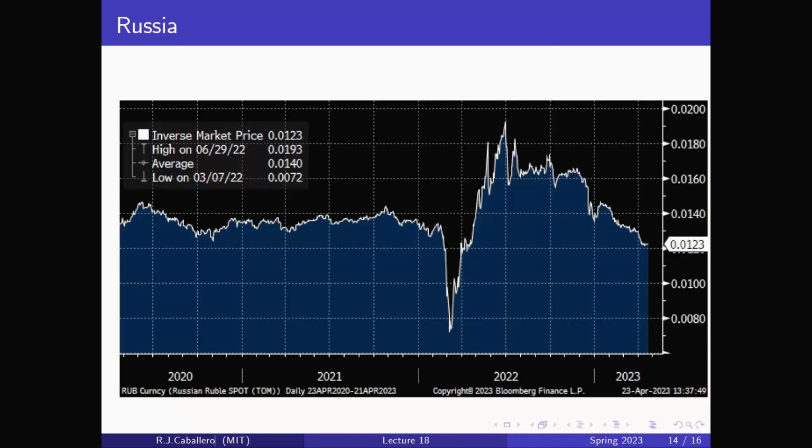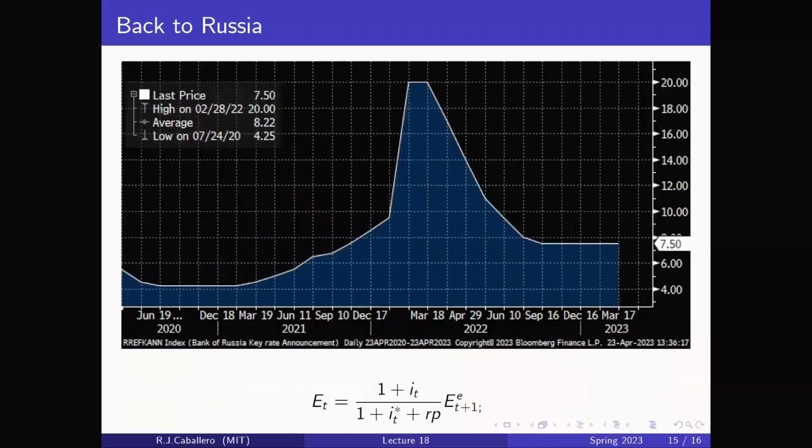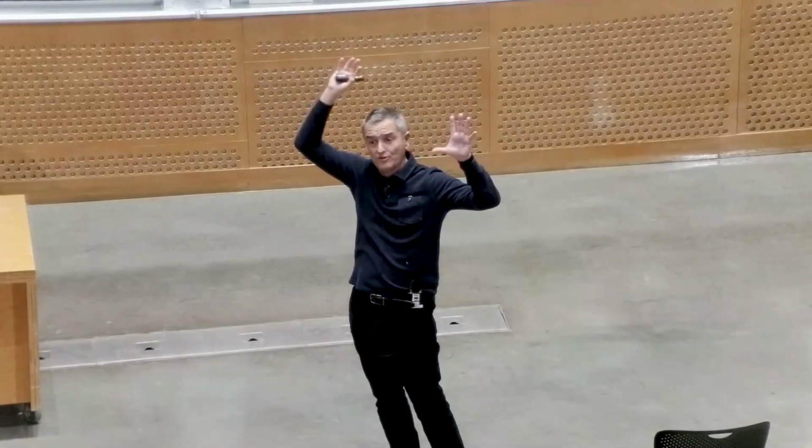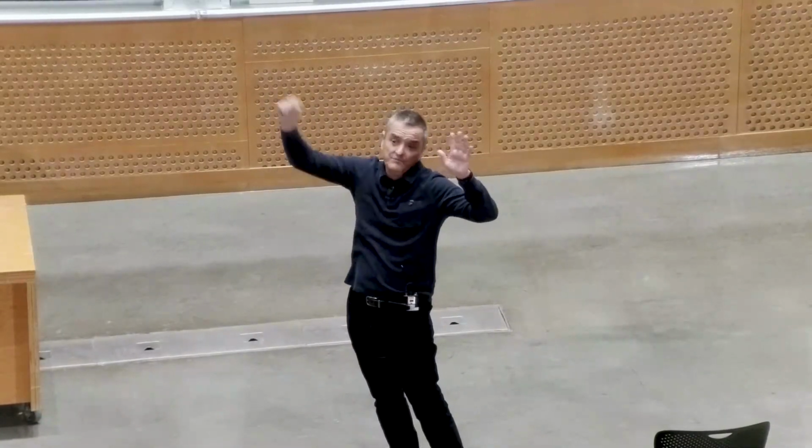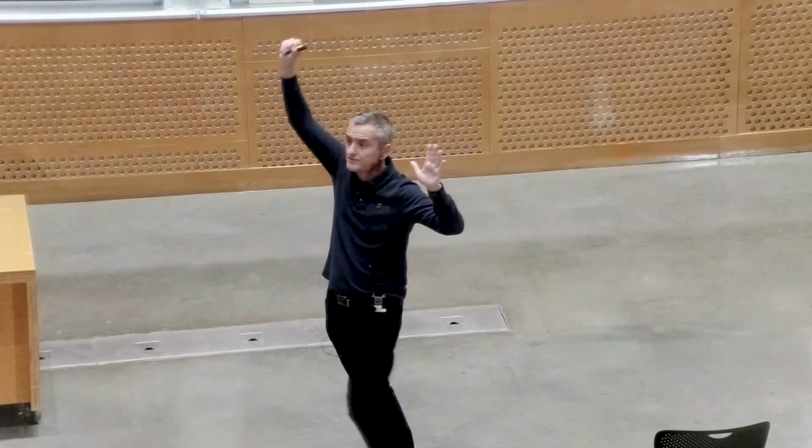Now, a lot of that recovery happened not because people began to see a better future or anything like that. It's because they had to hike interest rates massively. They were around 4 or 5%, and they had to go to 20% to defend the exchange rate. Remember I told you, you have a speculative attack and enormous pressure on your currency. Well, the main tool you have to offset that is to raise interest rates.